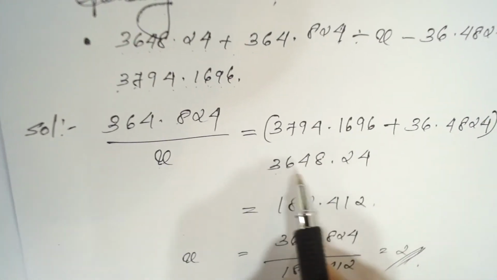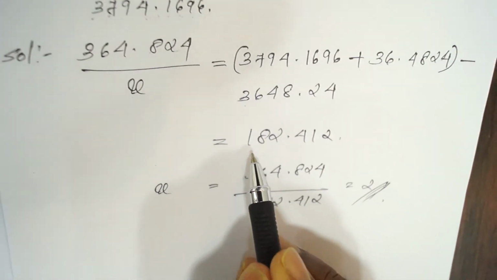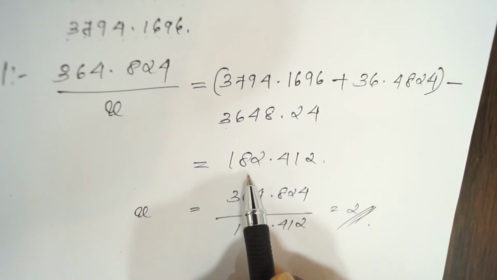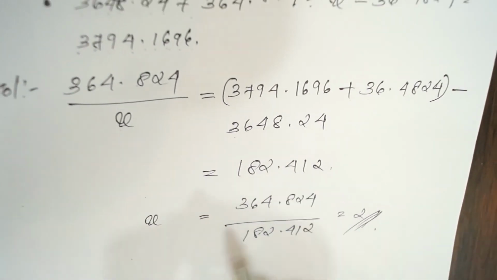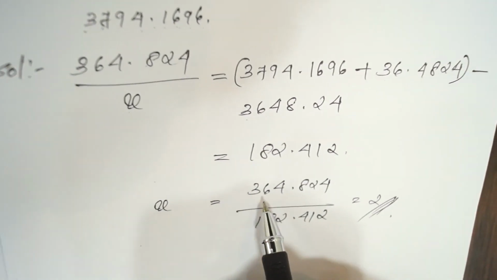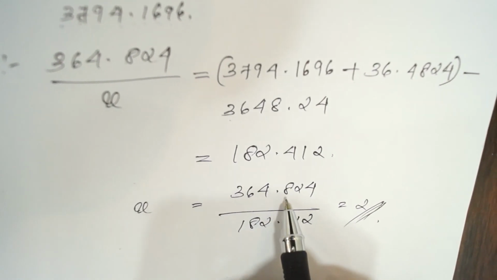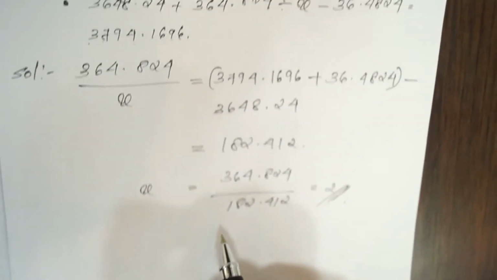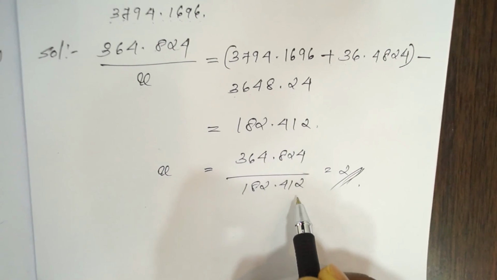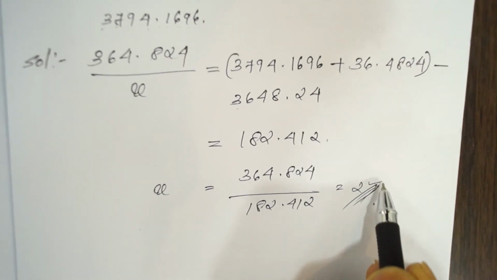When we do this calculation, you will get 182.412. So x is equal to 364.824 by 182.412, which is 2. So our answer is 2.